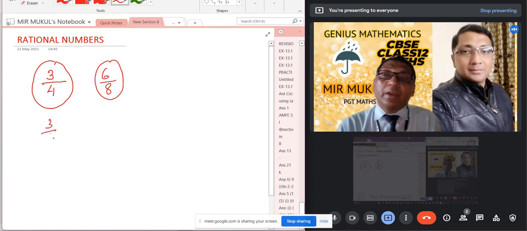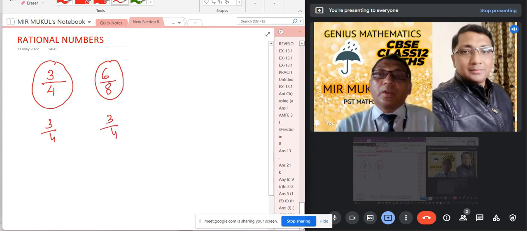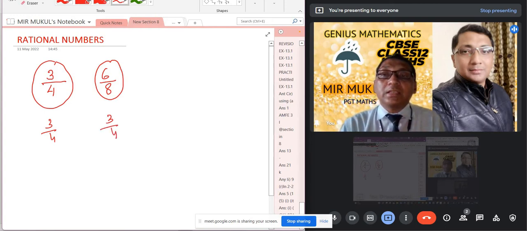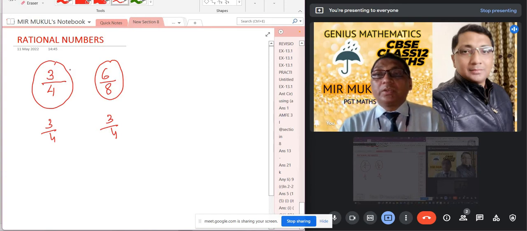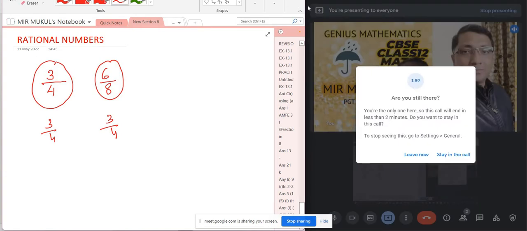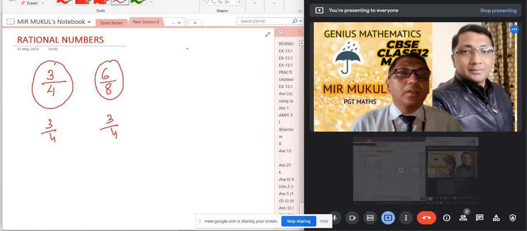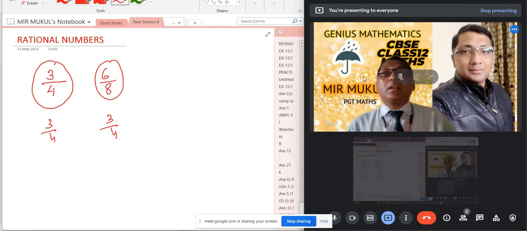This is also 3 by 4. After simplification, this also will be 3 by 4. So if you multiply by 2, 2 3s are 6, 2 4s are 8. So these two are called what? Equivalent rational numbers. Okay, fine. I hope you understood.